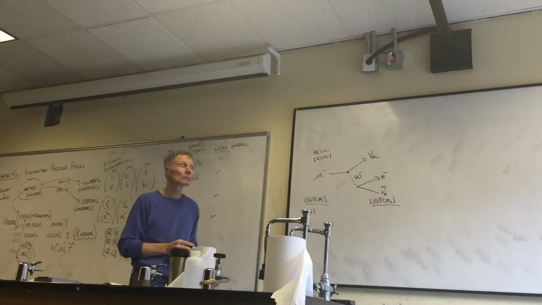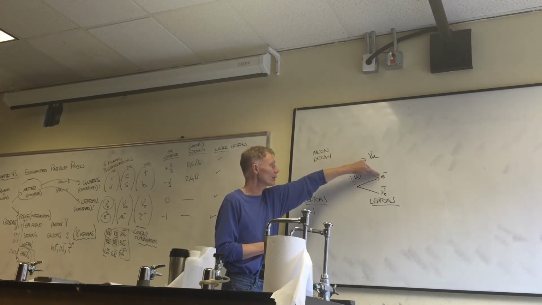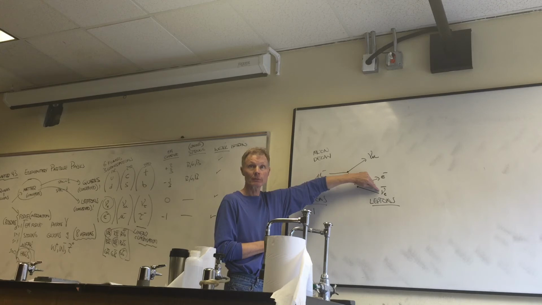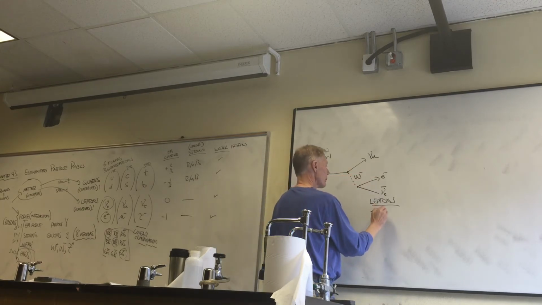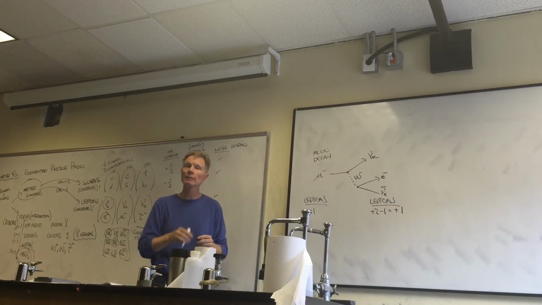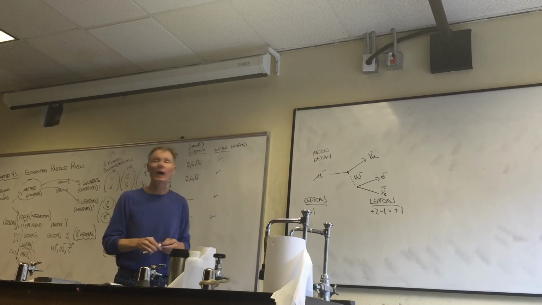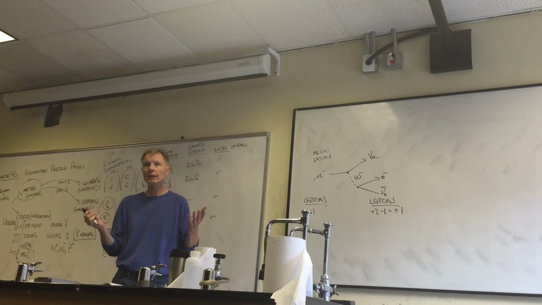I've got a lepton here, I've got a lepton here. What's this? That's an anti-lepton. So what we're going to do is say plus 2 minus 1 anti-lepton. And that says my net number of leptons is 1. So how did we do? Did we conserve the leptons? Yeah, the leptons got conserved.